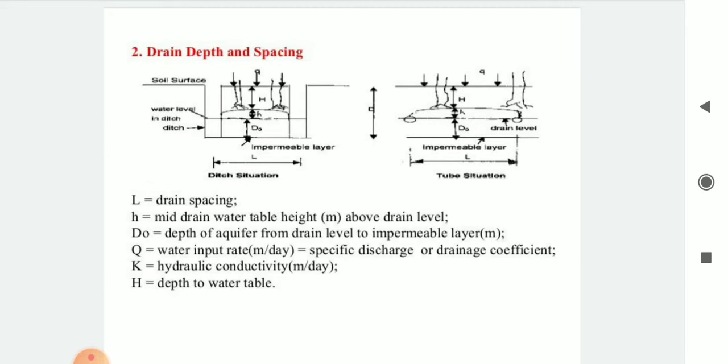The ditch situation and tube situation have been shown in the figure, where L is the drain spacing, H is the mid-drain water table height in meters above drain level, D0 is the depth of aquifer from drain level to impermeable layer in meters, Q is the water input rate in meters per day, equal to specific discharge or drainage coefficient, K is the hydraulic conductivity in meters per day, and capital H is the depth of water table.